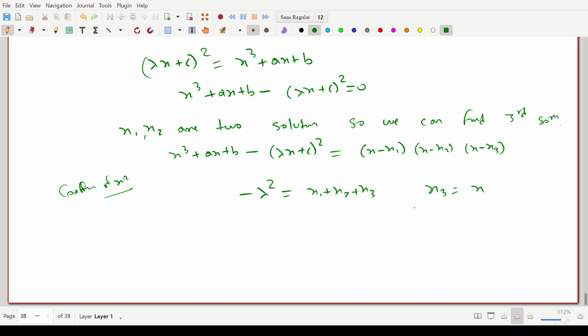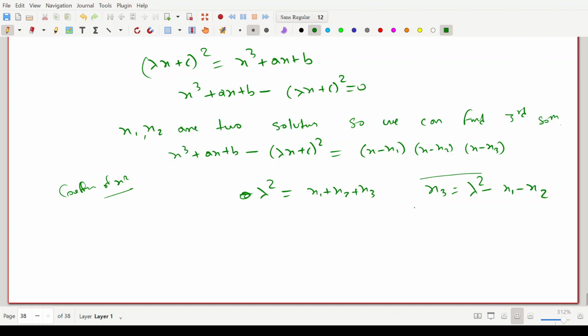Oh, sorry, it won't be. It'll be minus lambda square. No, here also a minus sign will be there. So minus minus will get cancelled. I'll be having lambda square. So x3 is what? Lambda square minus x1 minus x2.